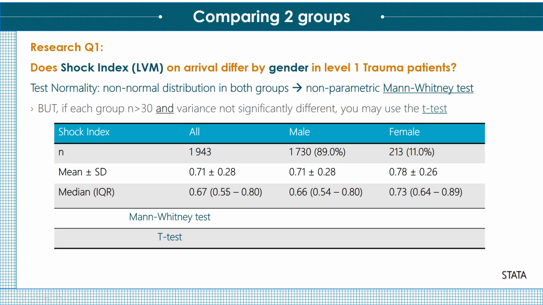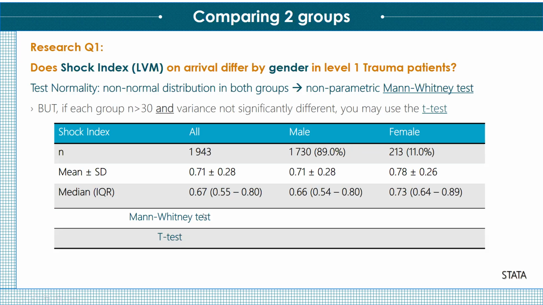Even though we know our data is not normally distributed, which really does tell you to report your median and your interquartile range, there is an exception: if each individual subgroup has an N number greater than 30 and the variance is not significantly different, you may in fact apply the t-test.